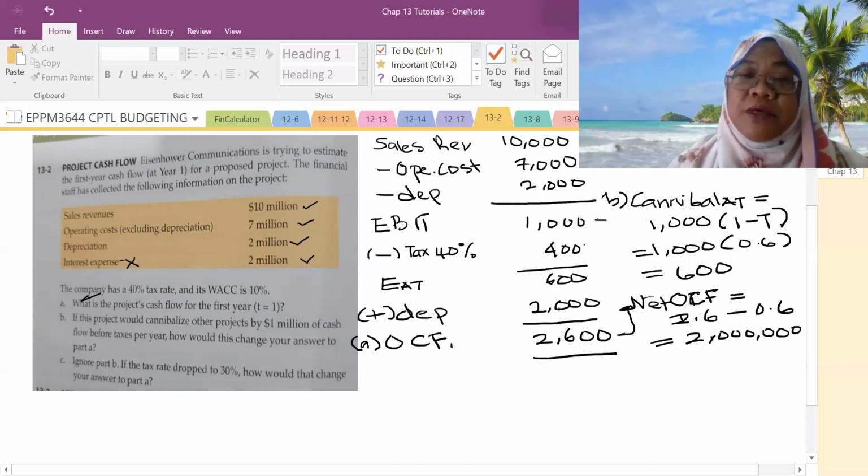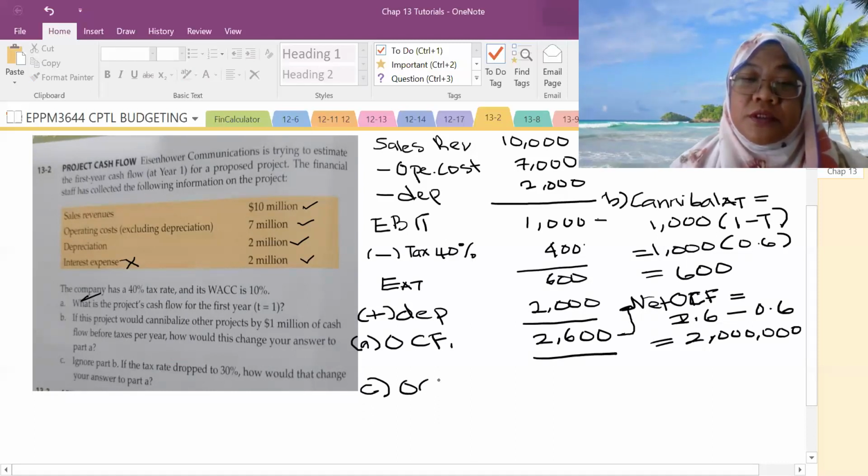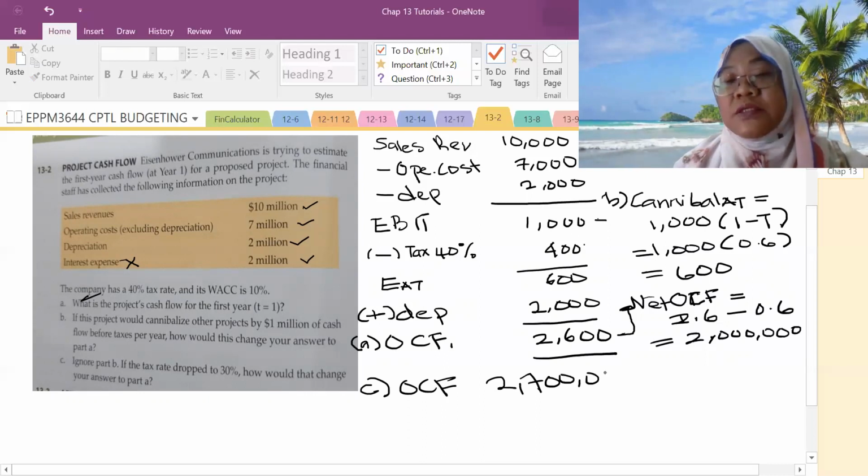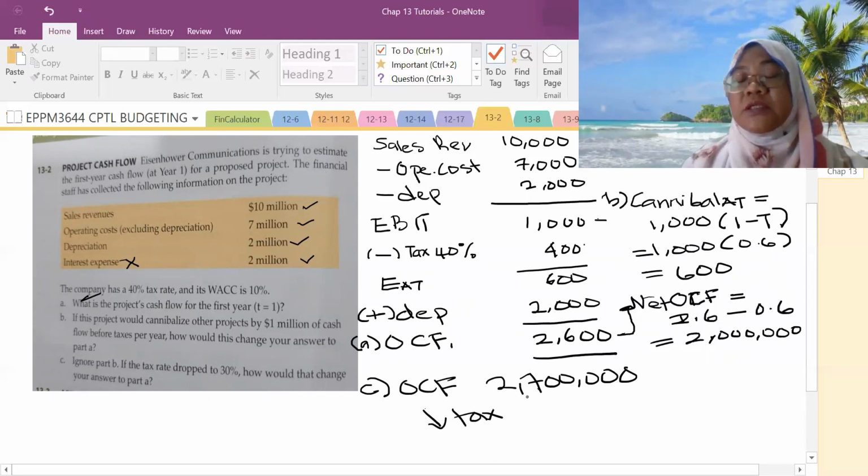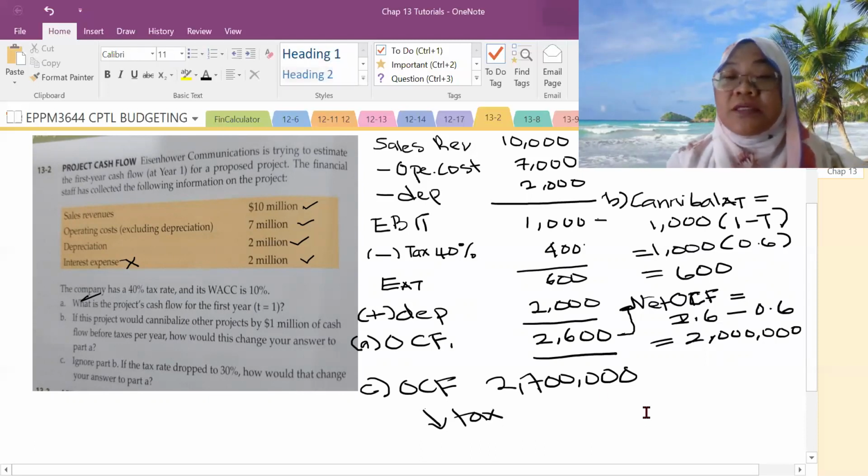And then you add back the 2 million, therefore you punya OCF ini akan jadi 2.7 million. Sebab apa? Daripada decreasing tax tadi tu. Okay.